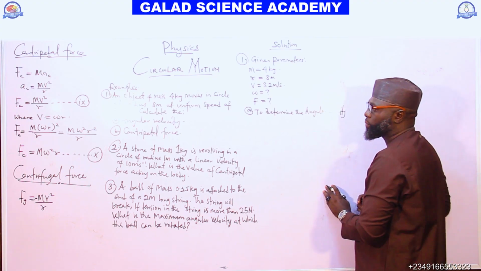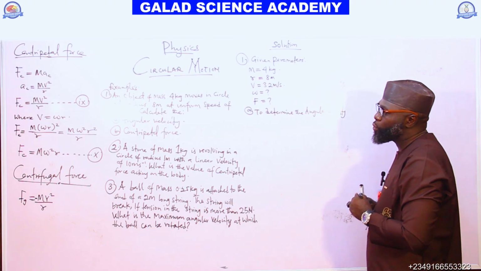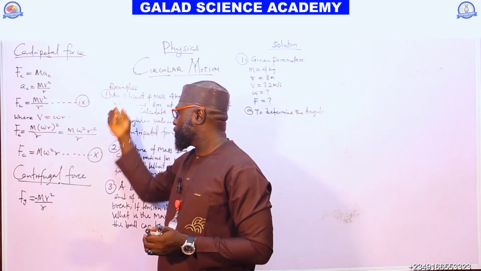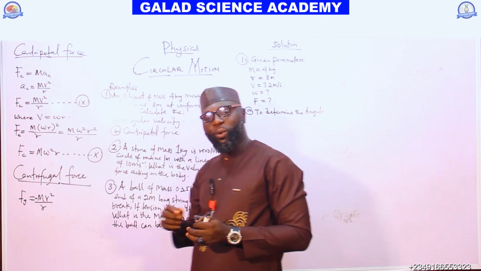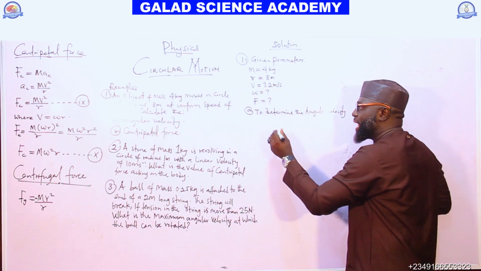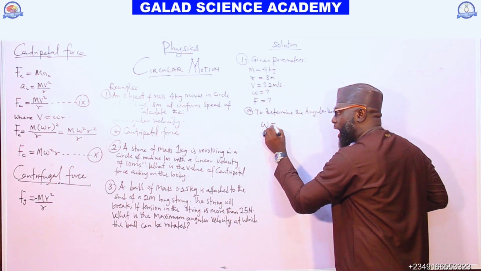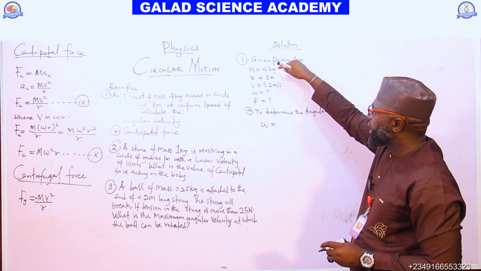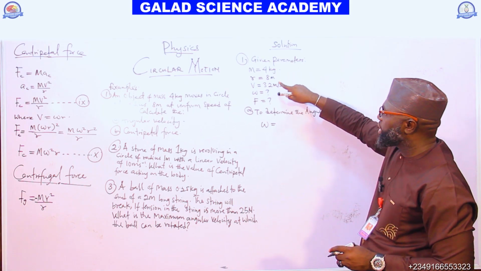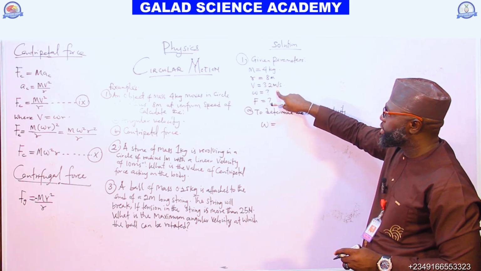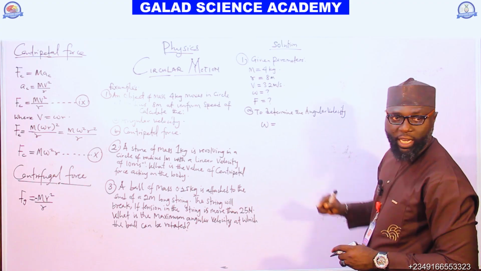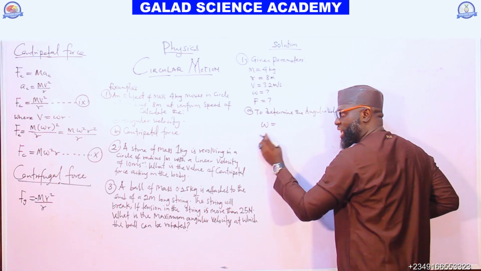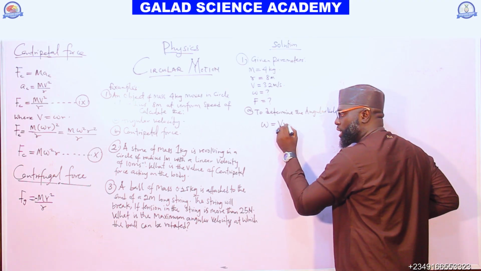which is omega. We will now look at the formulas I gave you from circular motion, from equation 1 to equation 10. Which of the formulas relates angular velocity, radius, and velocity together? If you check it, you will know that angular velocity equals v over r.